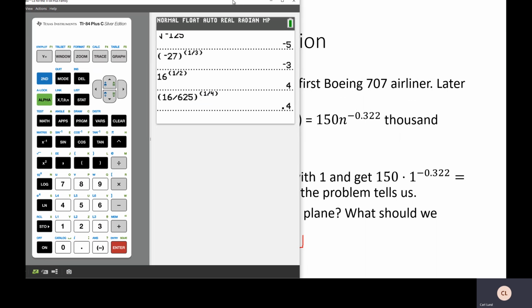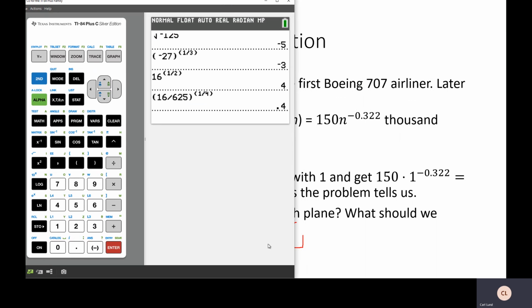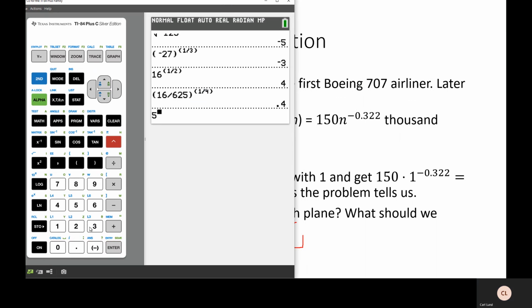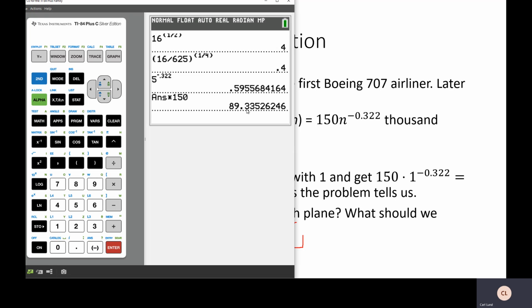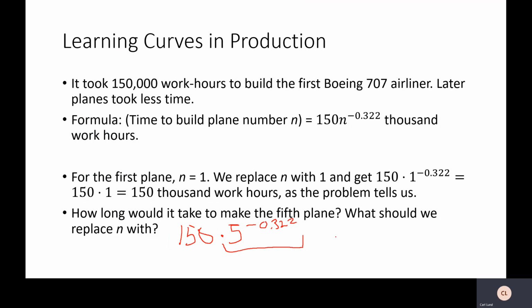So 5 to the negative 0.322 is this decimal times 150. Now we can multiply. And we get about 89.34. 89.34 thousand work hours to make the fifth plane.